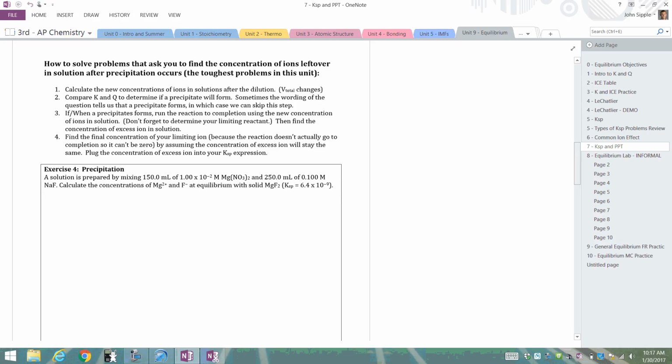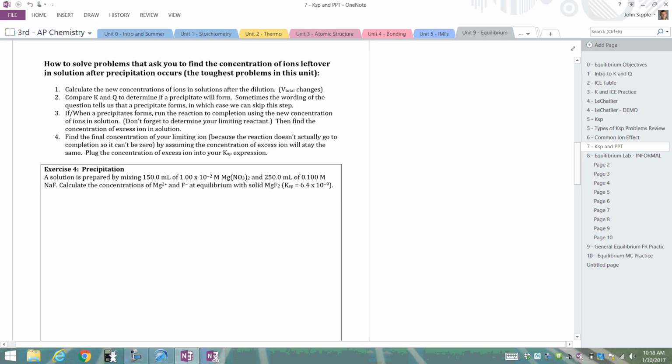We compared our Q and our K value to determine whether or not we get a precipitate. But now a precipitate is going to form, and they want us to find the leftover concentration of ions floating around in solution.